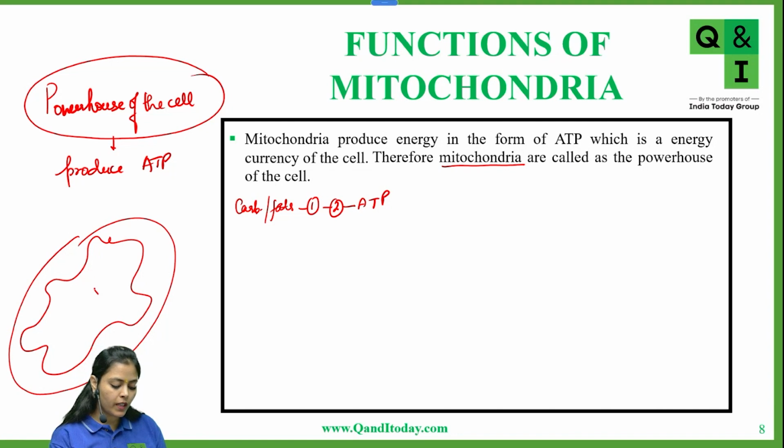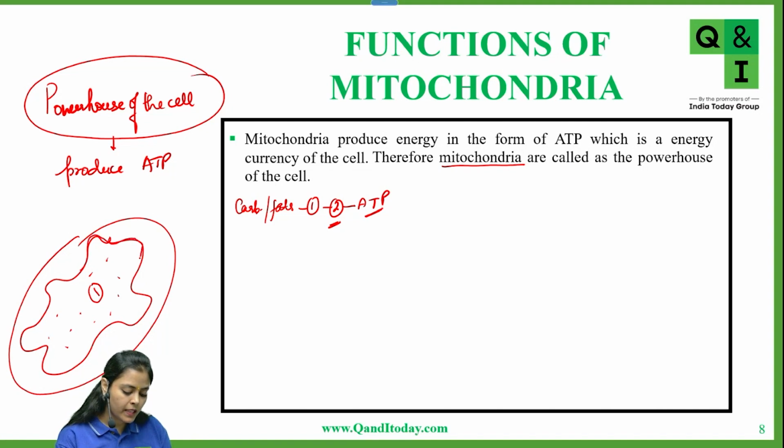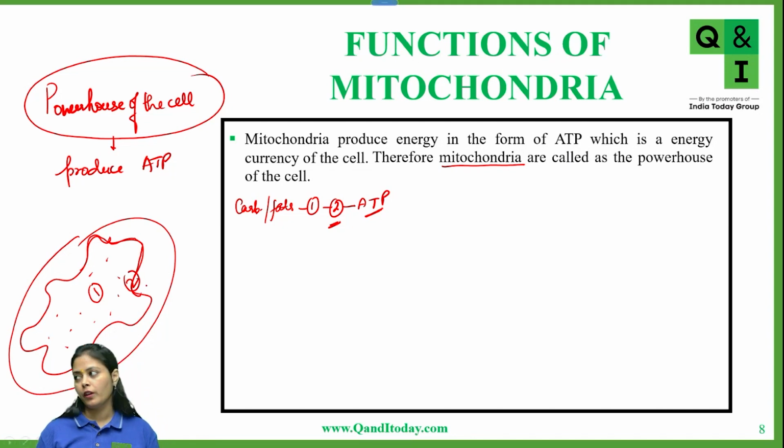Basically, in the mitochondria, the first reaction takes place here, whereas the second reaction, which finally leads to production of ATP, takes place in your cristae. So the second set of reactions takes place in the inner membrane of the mitochondria.